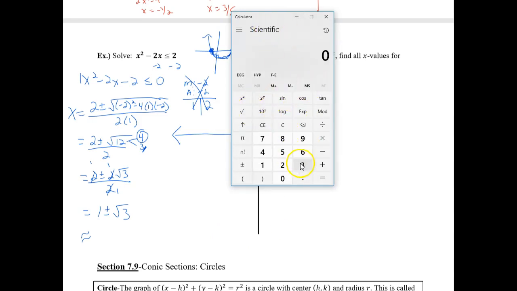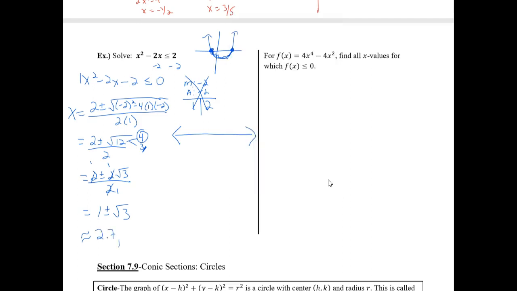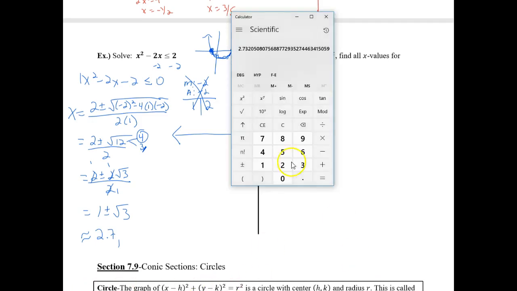I'll have the positive square root of 3 plus 1 is about 2.7. And the negative square root of 3 plus 1 is negative 0.7.